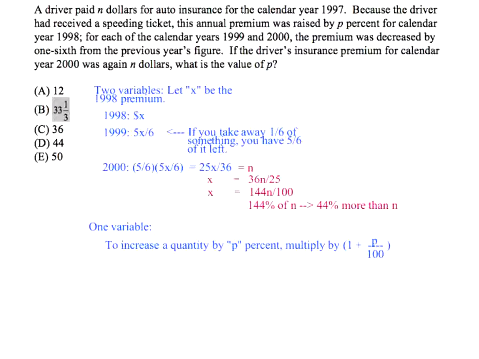So then let's just make that a graphic that I can keep loading. Okay, so the point here is that if you start with N dollars in 1997, that's N dollars. And then in 1998, you have N dollars times that thing. And then you do the 5/6 to that. So in 1999, you're going to have the same quantity times 5/6.